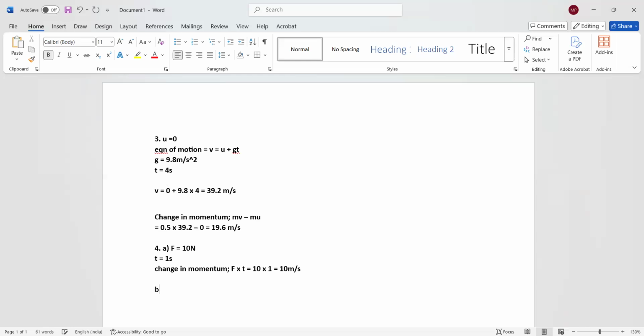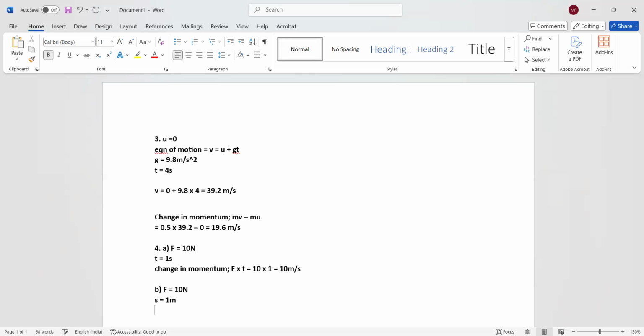Now, sub question 2. F is equal to 10. S is equal to 1.